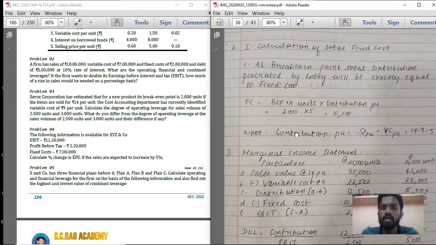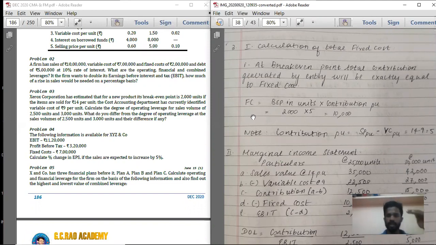Fixed cost is equal to BEP in units into contribution per unit, that is 2000 into 5, which is 10,000. Fixed cost is equal to 10,000.